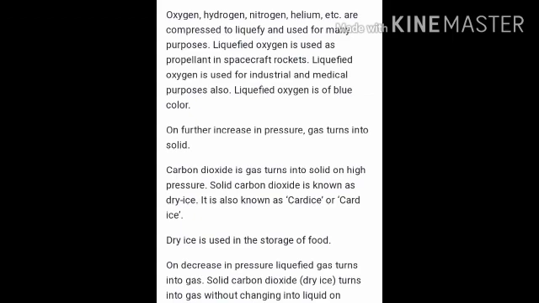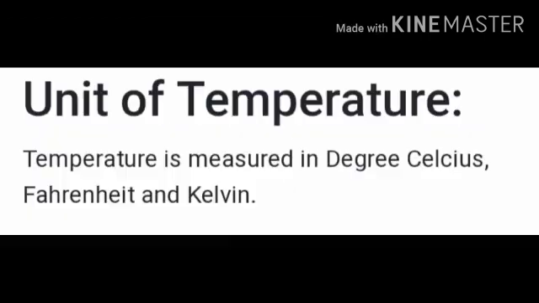Similarly, if you apply more and more pressure on carbon dioxide gas, it directly changes into solid. Solid carbon dioxide is known as dry ice, which is used in the storage of food also, as you can see in this. But if you decrease the pressure, then liquefied gas turns into gas.